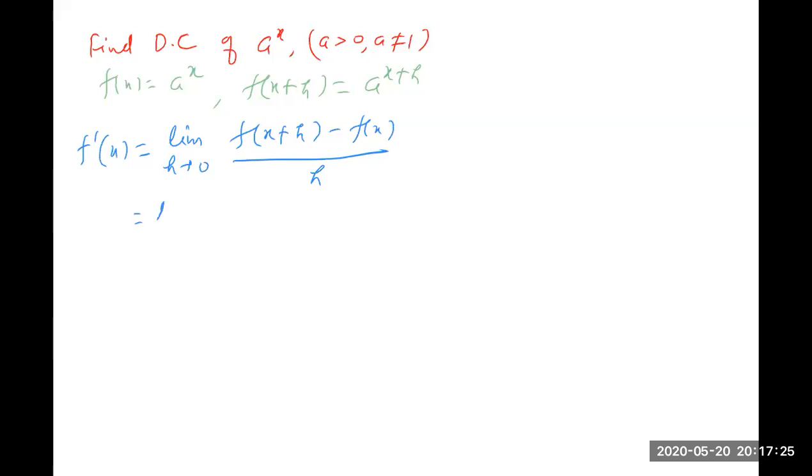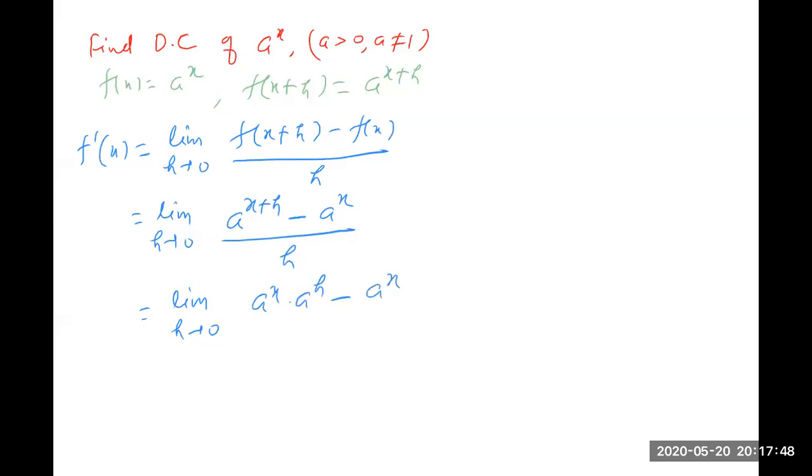So this is equal to limit h tends to 0, (a raised to power x plus h minus a raised to power x) upon h. Using the laws of indices, this is equal to limit h tends to 0, (a raised to power x into a raised to power h minus a raised to power x) upon h. So now you can write limit h tends to 0, a raised to power x outside, (a raised to power h minus 1) upon h.